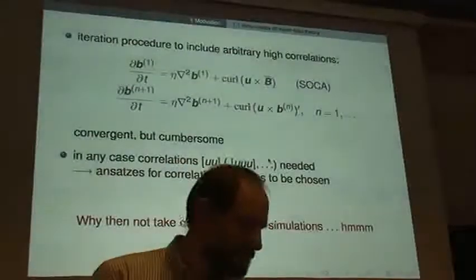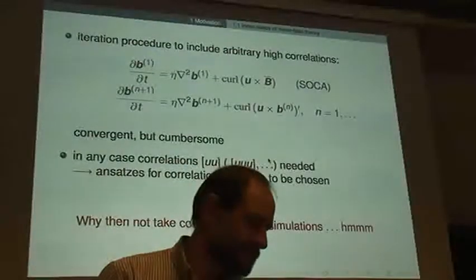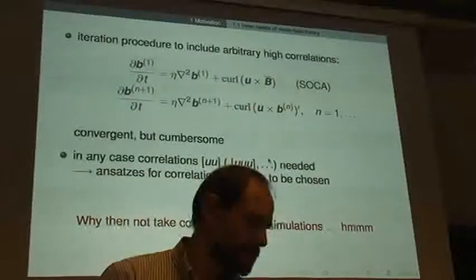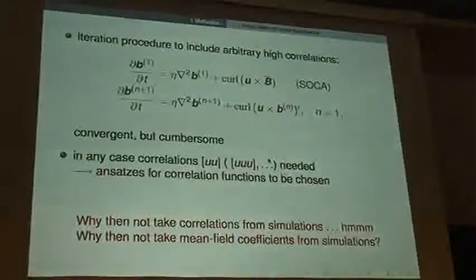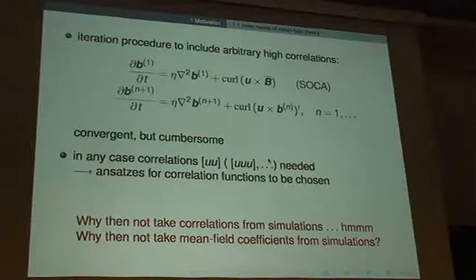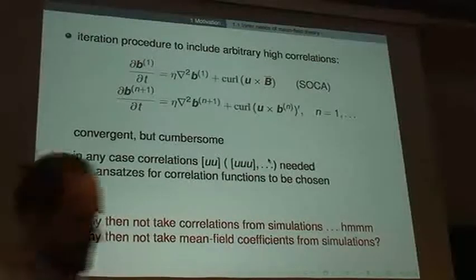Sounds not so bad, but if one is really consistent, one would say, why then not immediately take the mean field coefficients from the simulations, instead of doing analytical work which at the end is lacking something that we take from a numerical simulation? We would then do the whole job immediately, starting from the simulations. And this leads to the test field methods.